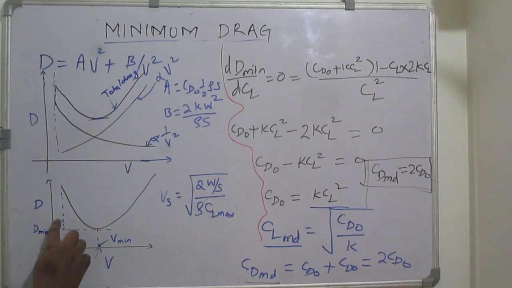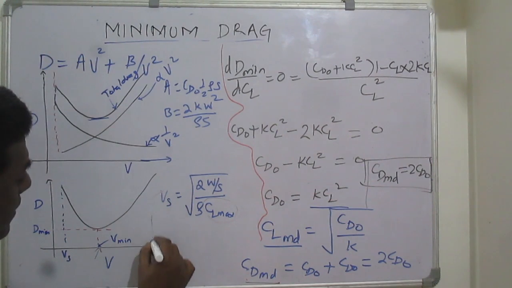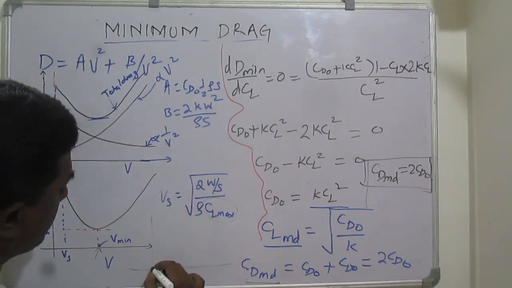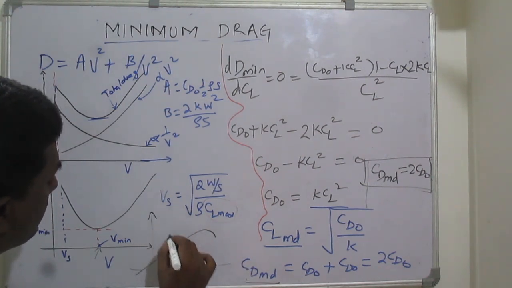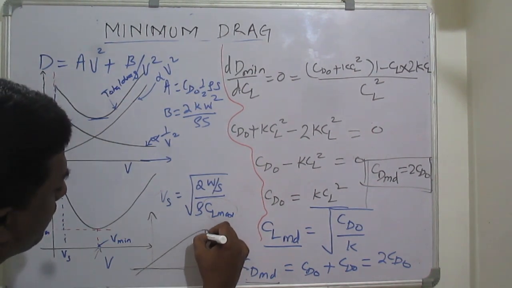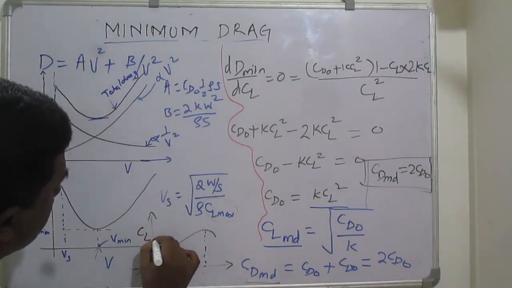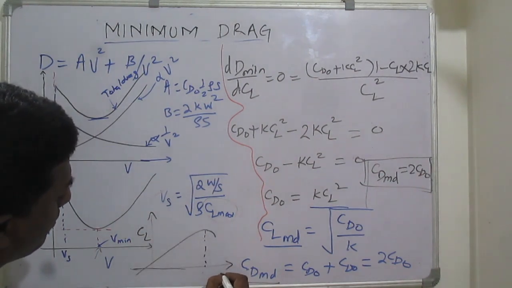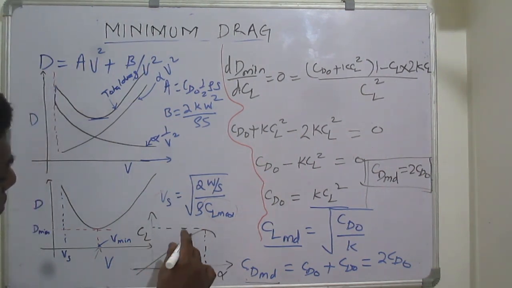This is because, as the CL alpha curve says, as the lift increases, drag also increases. Here is the CL alpha curve, with CL on the vertical axis and alpha on the horizontal axis, and we achieve CL max at this point.